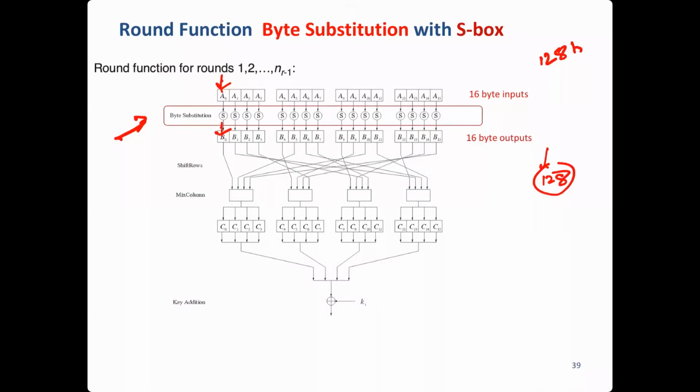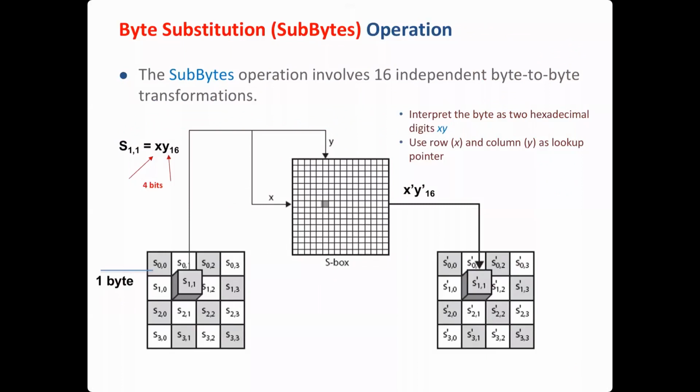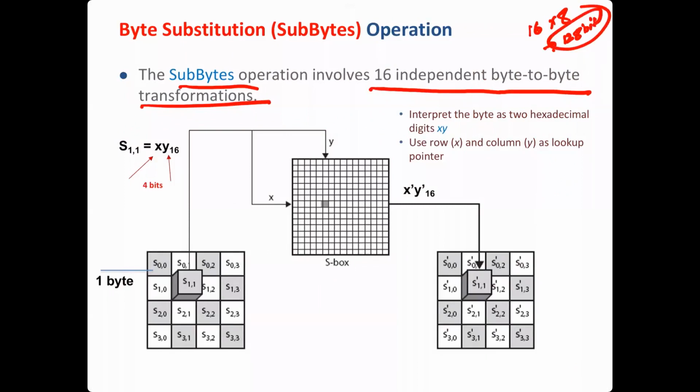The sub byte operation involves 16 independent byte-to-byte transformations. 16 times 8 gives you 128 bits, so our input block is this one. We have the original S0 to S16, and now we write them in terms of S00, S10, and so forth.